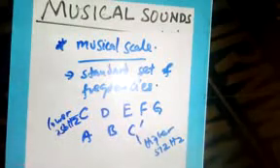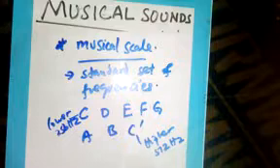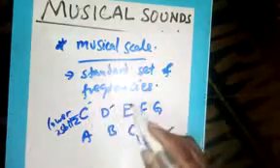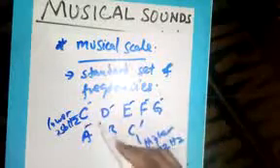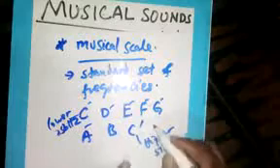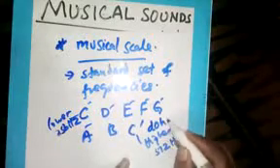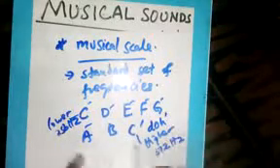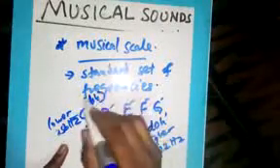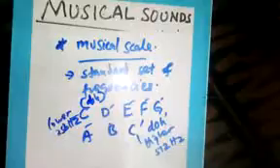I think you remember what we normally use. Do, re, mi, fa, sol, la, ti, do. Therefore, C, which stands for do, is lower, but do dash is higher.